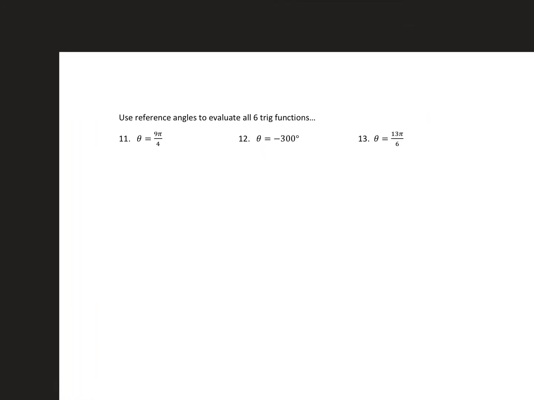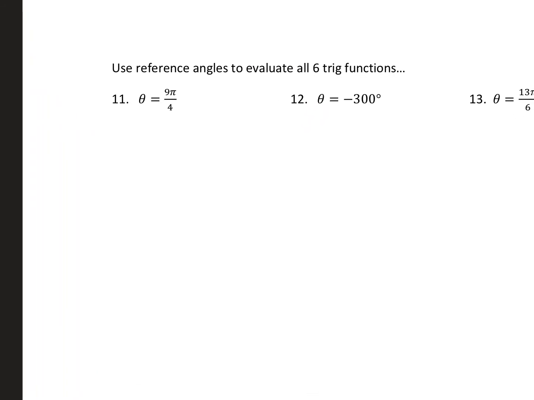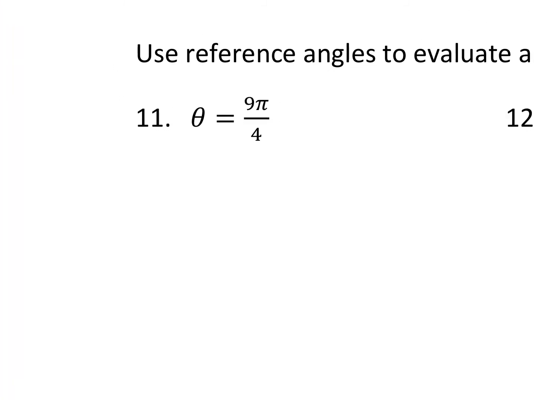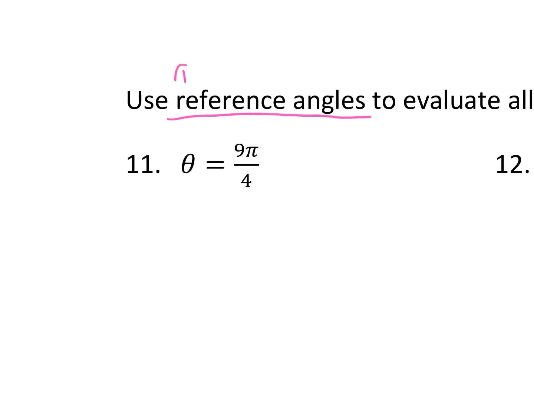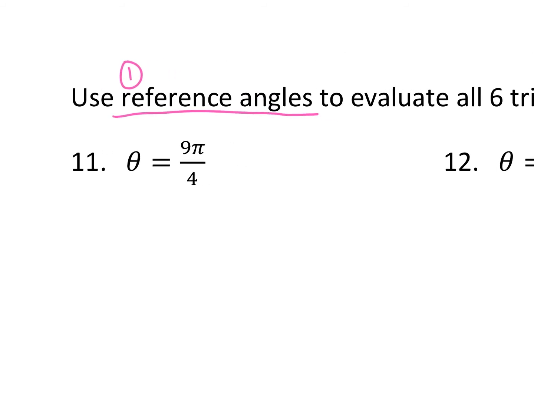All right. So for 11, we have to use reference angles to evaluate all 6 trig functions. So we have to find our reference angle. That's step 1. Step 2 would be to use a special right triangle.